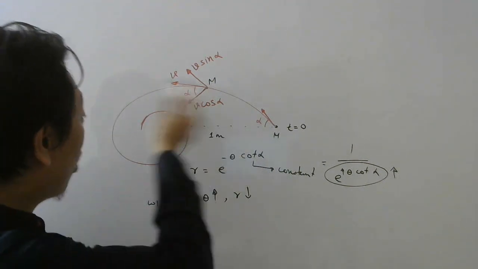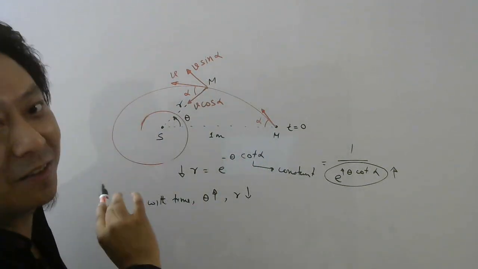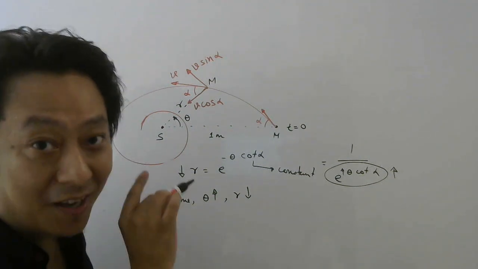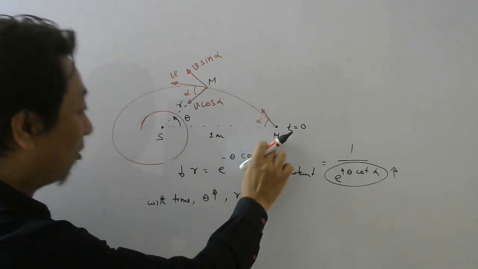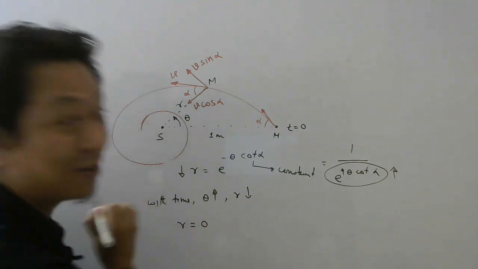Now the question is how many revolutions it will make, in other words how much angle it will cover before it touches the source of light. Here the source of light is a point source. Therefore if this moth touches this point source, the distance between them will be 0.